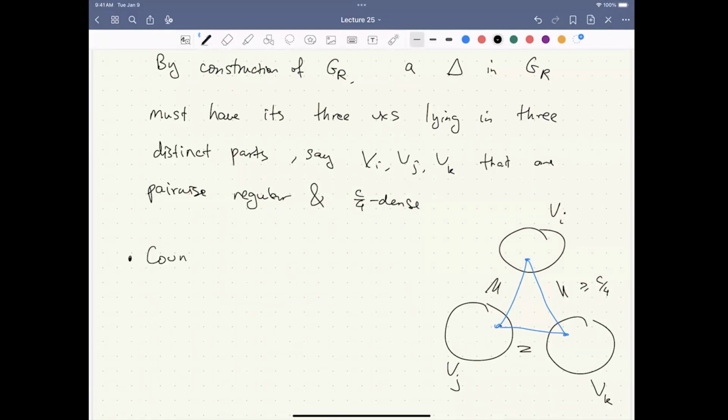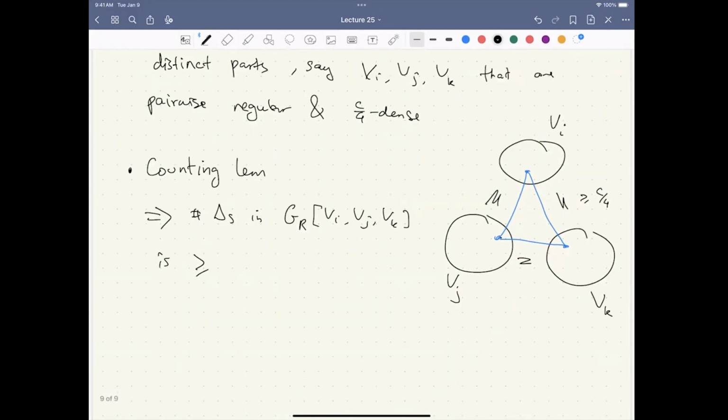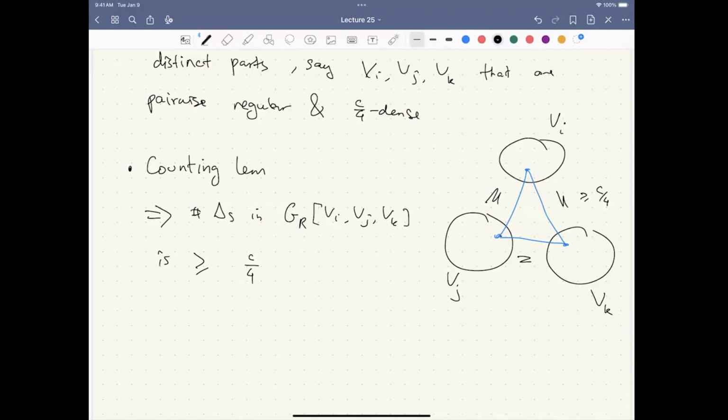By the counting lemma, the number of triangles in GR between Vi, Vj, Vk is at least, if you recall, the density raised to power 3 times the size of each part, n over R, minus some constant times the regularity epsilon.